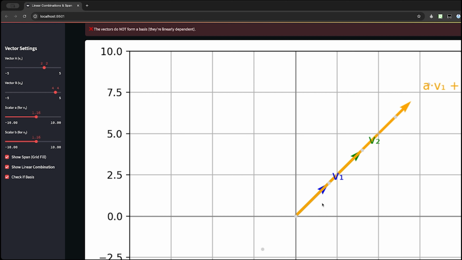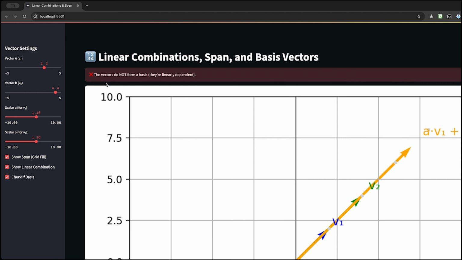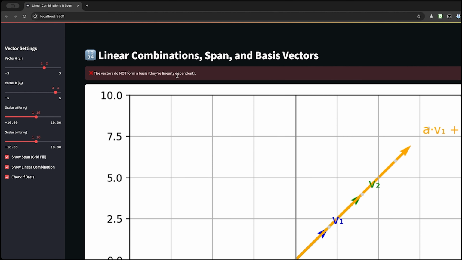You can now see that both vectors v1 and v2 lie on the same line. They are scaled versions of each other. You can see it is written that the vectors do not form a basis and they are linearly dependent.